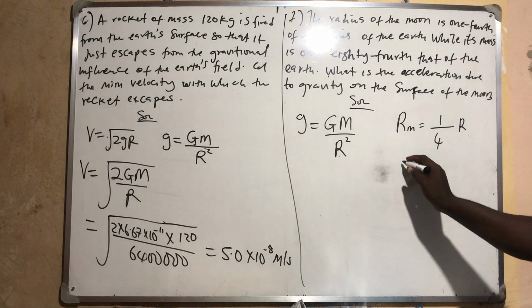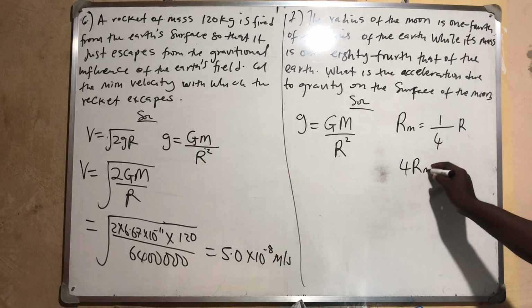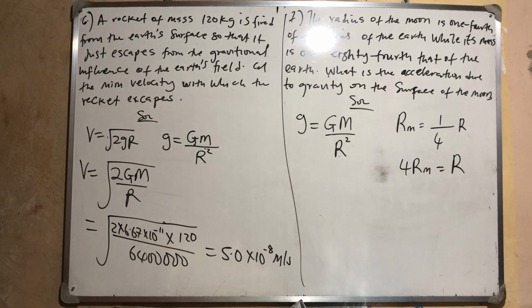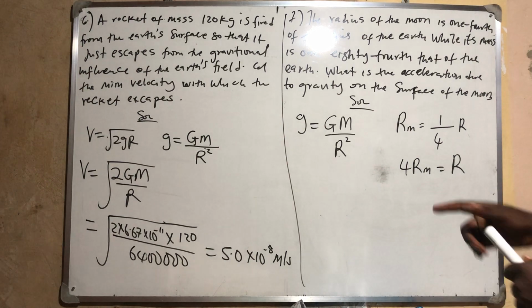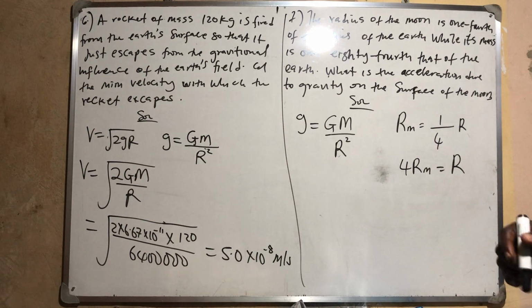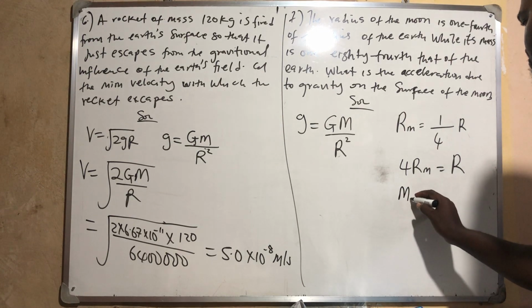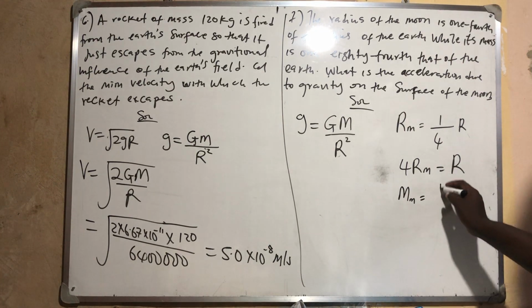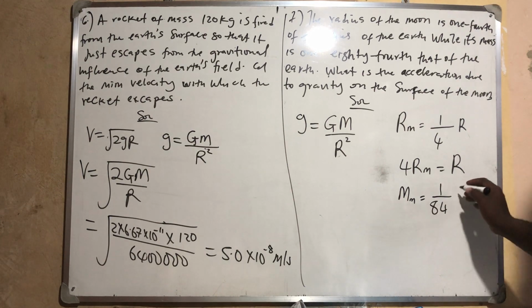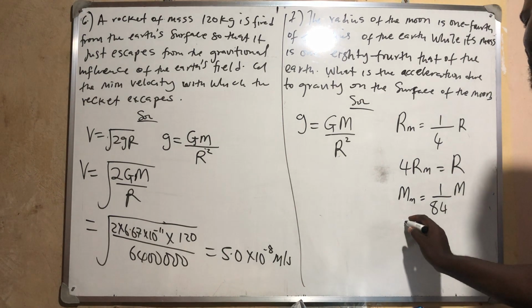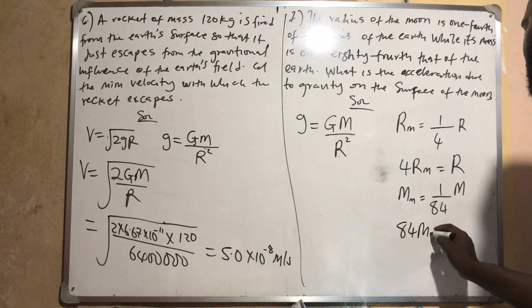Which means that 4 r moon is equal to R. So the radius of the earth is 4 times the radius of the moon. The next thing they told us is that the mass of the moon is 1/84 times the mass of the earth. So the mass of the earth is 84 times the mass of the moon.